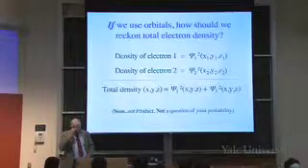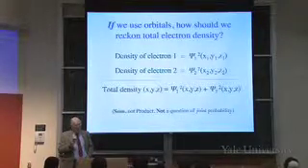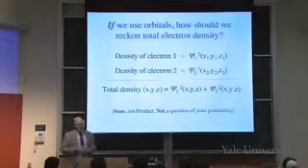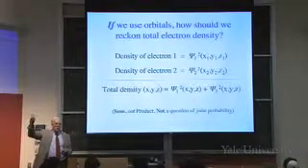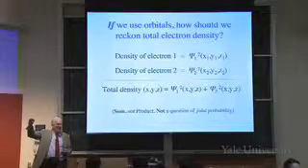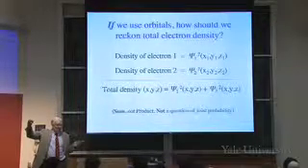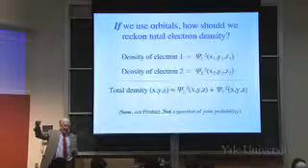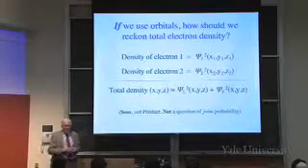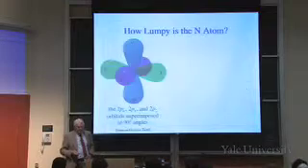Just right. But notice it's a sum. It's not a product. This is not a question of joint probability. It's not what's the probability that electron 1 and electron 2 are there at the same time. That's not the question. The question is what's the total probability of finding any electron there. Okay, so it's a sum. It's not a product.